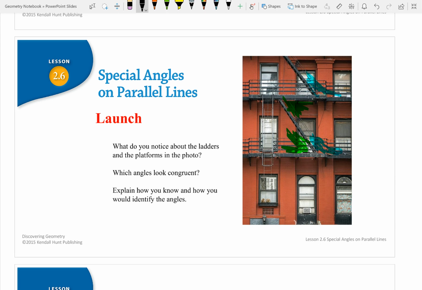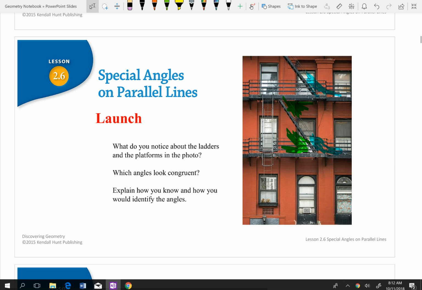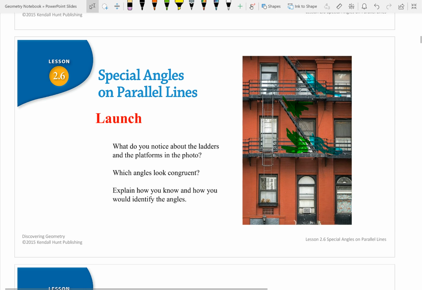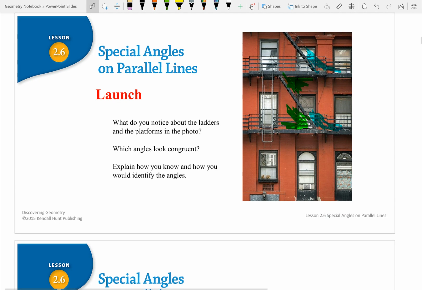And then the angles on top of the platform and between the platform and the ladder look congruent. And explain how you know and how you identify the angles. Well, I could say like on opposite sides of a ladder or below or above the platform, that kind of thing.